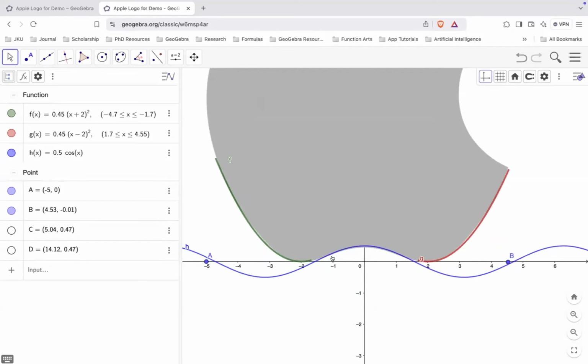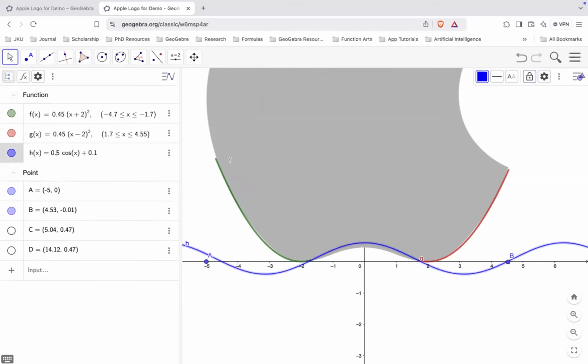Okay, so almost. Maybe we move it up a little bit. It doesn't fit. Maybe 0.2. No, 0.1. Almost. Okay, but we need to change the height a little bit again. So maybe 0.45 again.